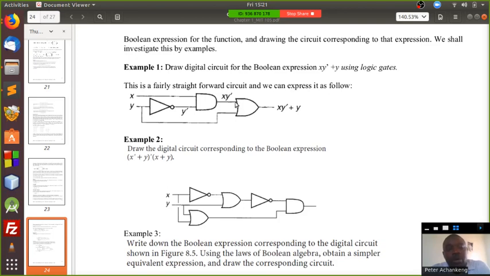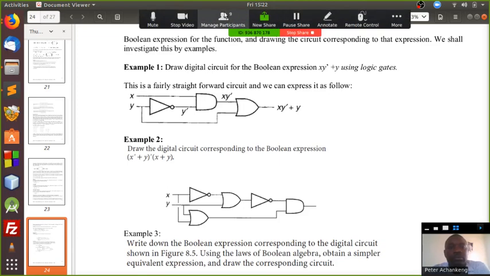And you need to now OR xy prime and y. So that's why y is tapped from before the inverter into one of the arms of the OR logic gate. And then this gives us the output xy prime plus y. Is that clear? Yes, sir. All right, fine.